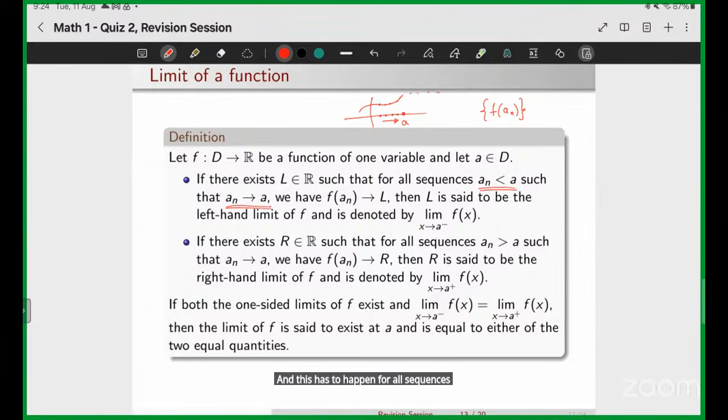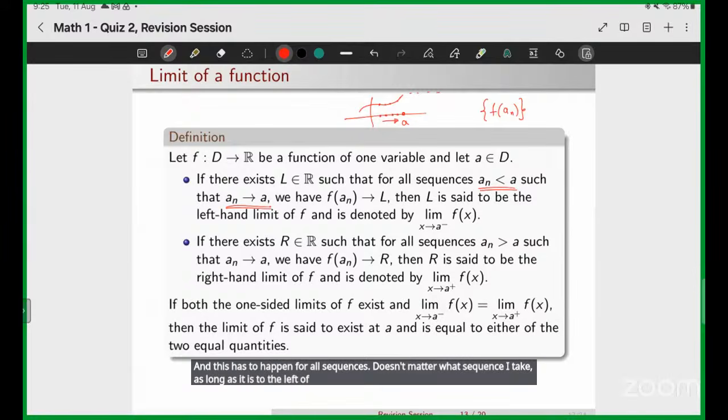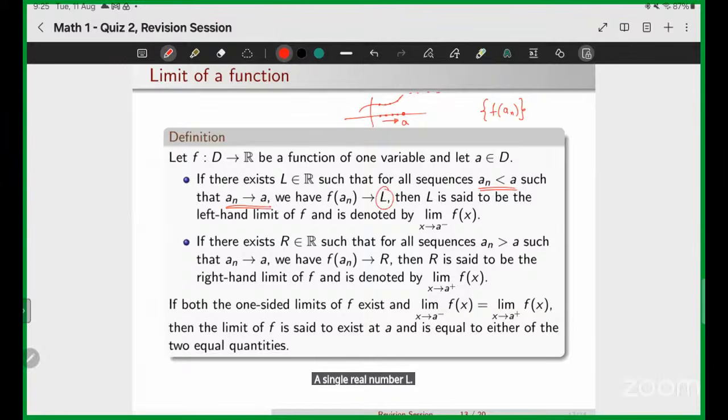Doesn't matter what sequence I take, as long as it is to the left of a and it converges to a, its corresponding function sequence f of a_n has to converge to a single real number L. If such a thing happens, then we say that the left-hand limit exists, and we call the left-hand limit L itself.